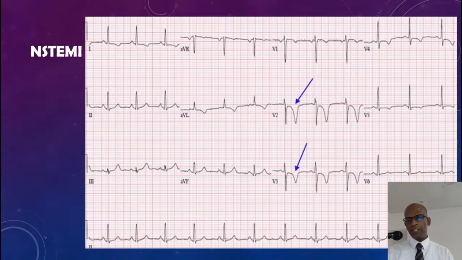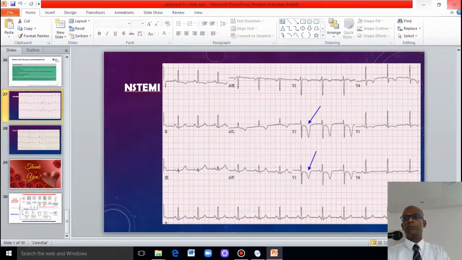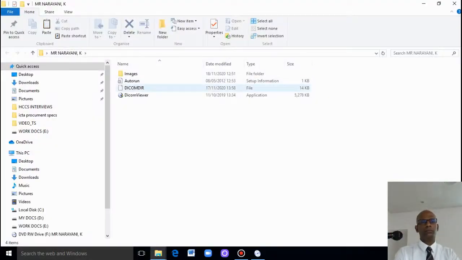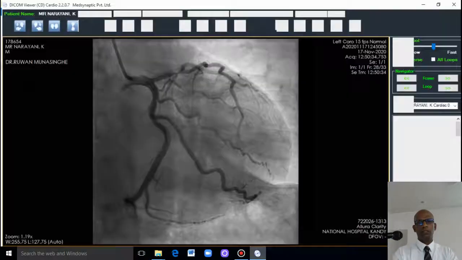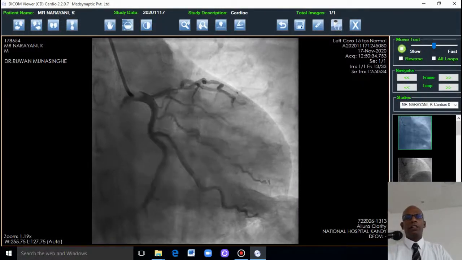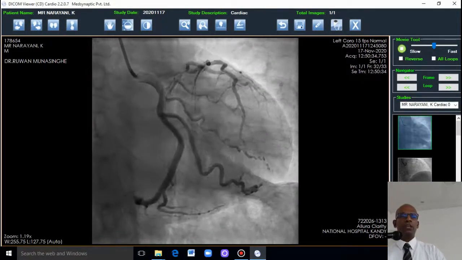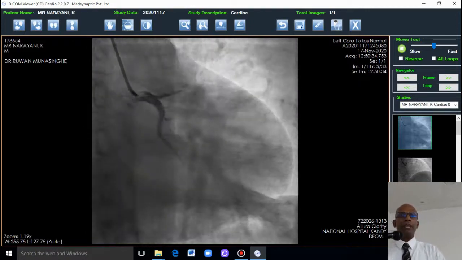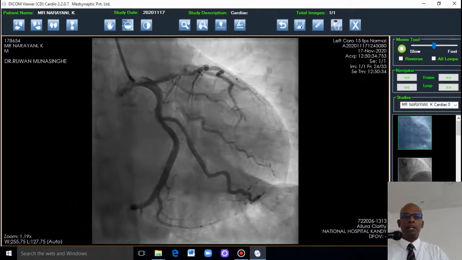For one of the patients who presented initially like this and then with MI, I wanted to show the angiogram. We did the procedure for this patient. He presented with chest pain, initially with ECGs like the ones I showed, but after 1 week he developed an anterior MI and was admitted to our hospital.